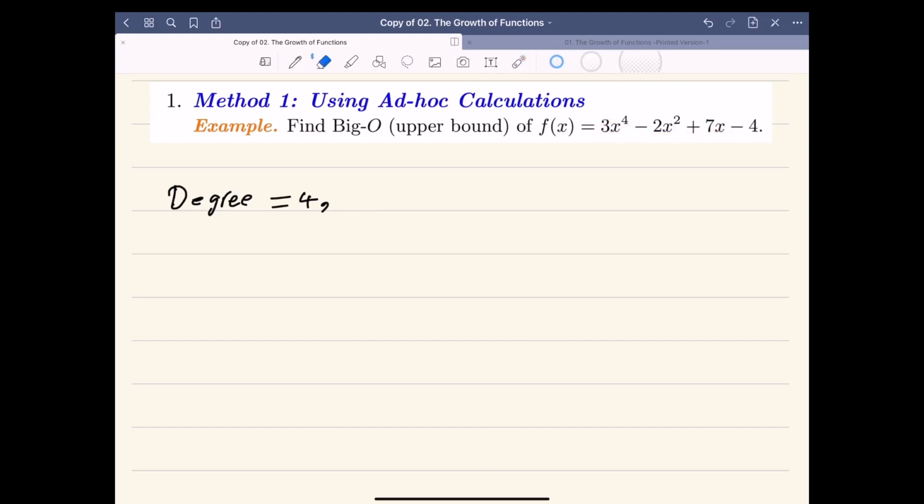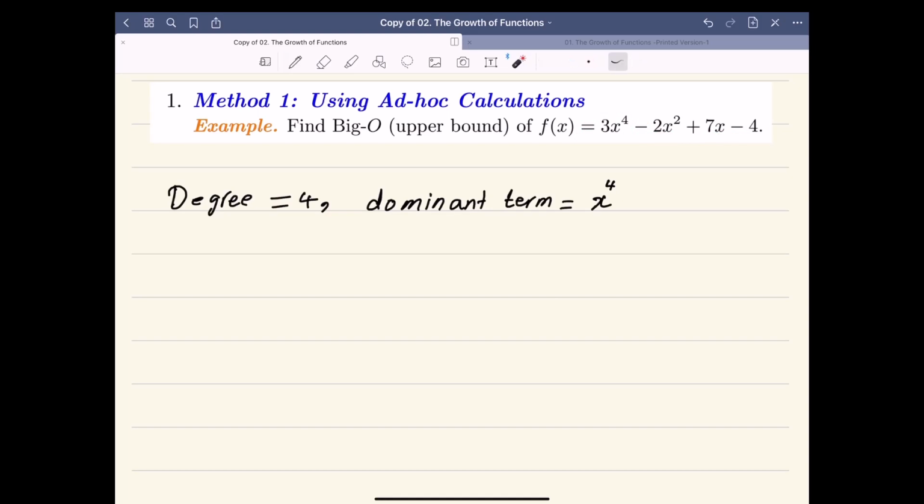Also, we would like to find the dominant term, the term that controls the equation when x becomes very big. It is x raised to power 4 because the degree is 4. The term that is greater than all other terms is called the dominant term.